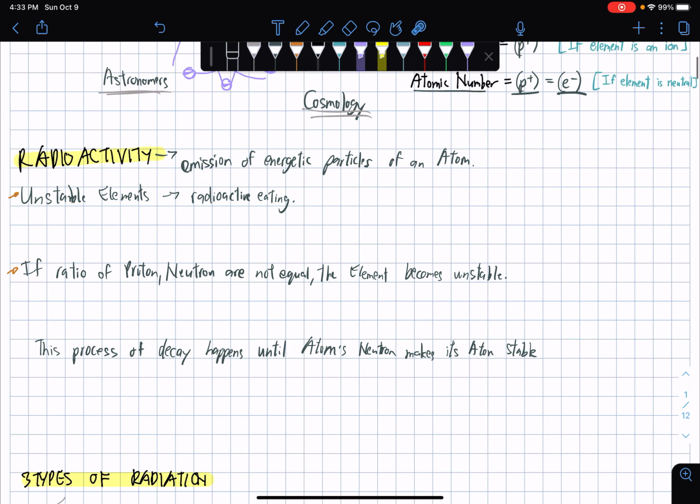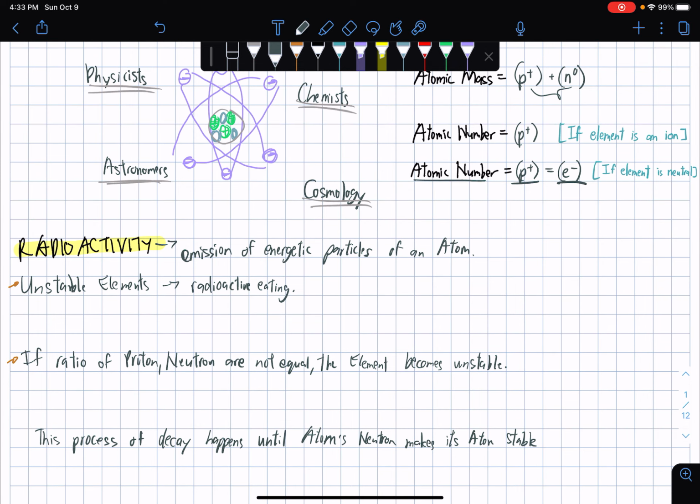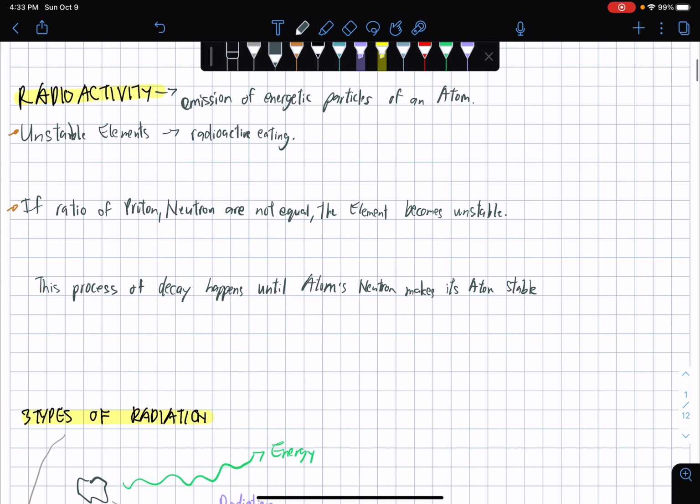I stated earlier that an element is an ion if the ratio of protons to electrons are not equal to each other. In this one, the ratio of protons and neutrons, if they're not equal, the element becomes unstable. This process of decay happens until the atom's neutron makes its atom stable.